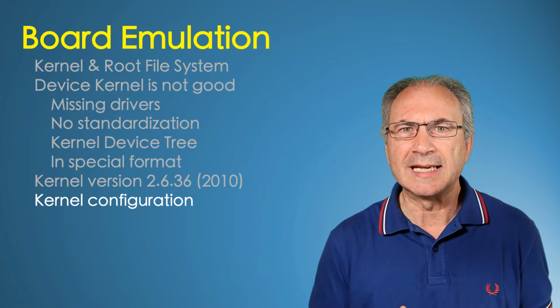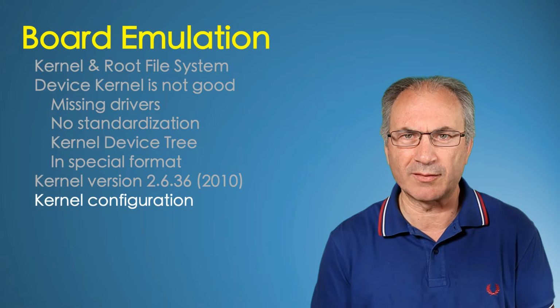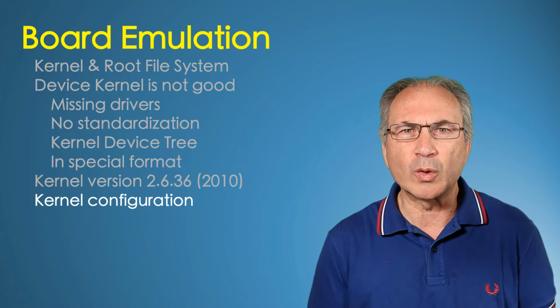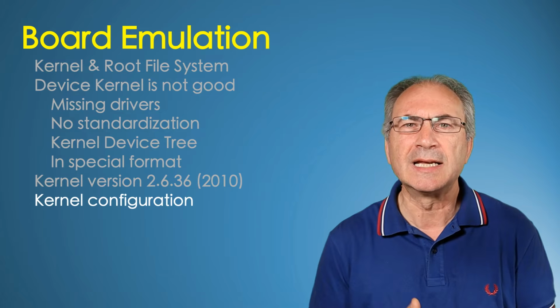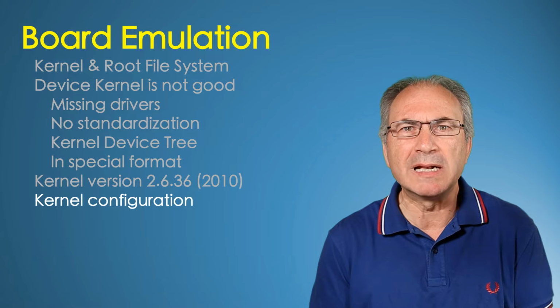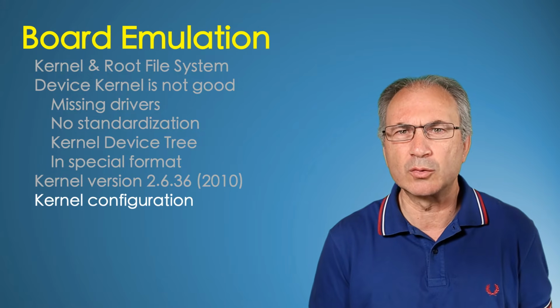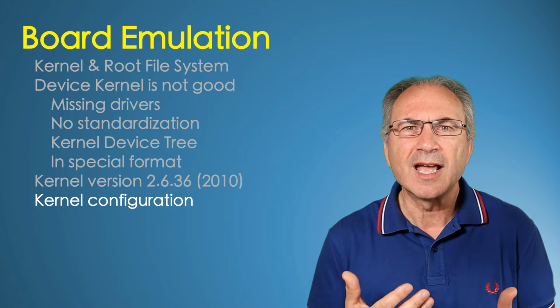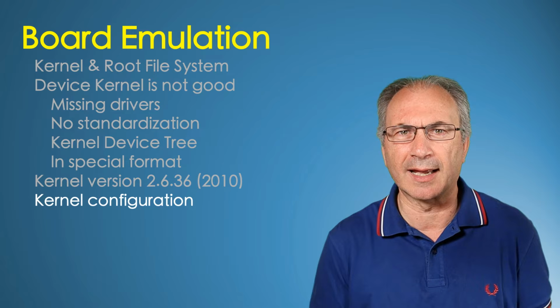For example, it is better to have the same preemption model that we have on our device, if we know it, or to include the same NAND drivers and the same file system support. Sometimes we don't know everything exactly, so we build a kernel and later, if we find some issues during our analysis, we will change some configuration options and rebuild the kernel.